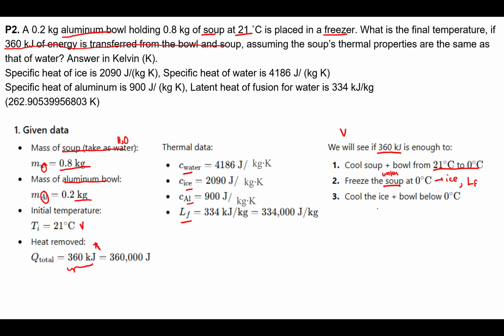After that, once ice is formed, the rest of the heat is removed to cool the ice and bowl.